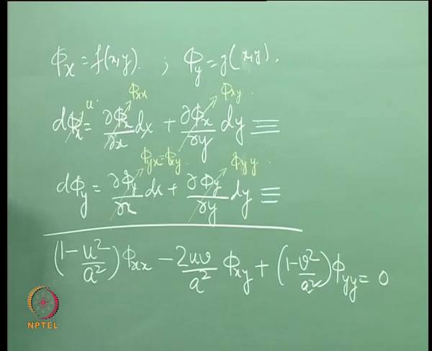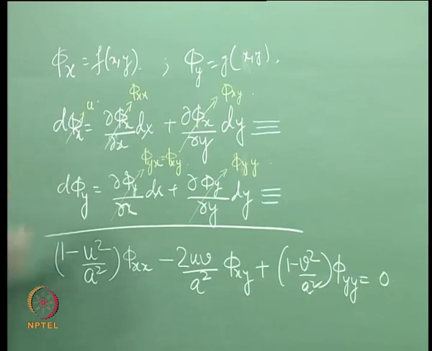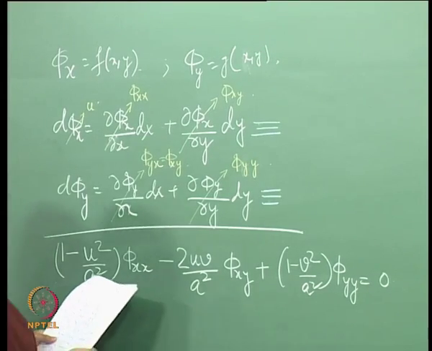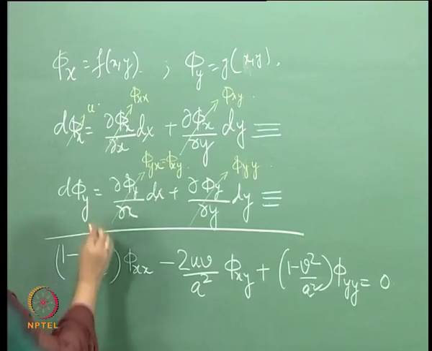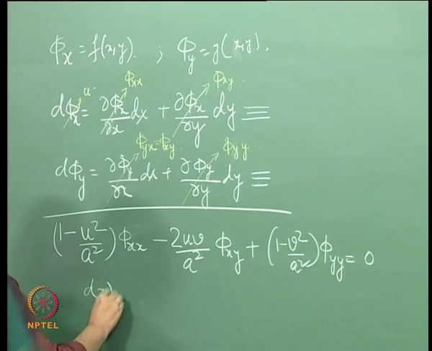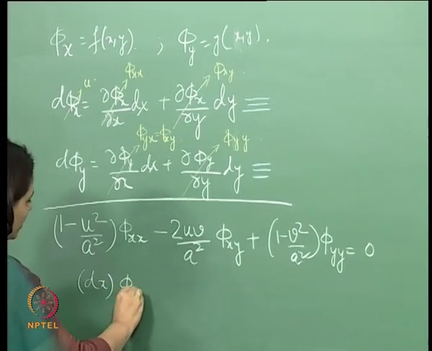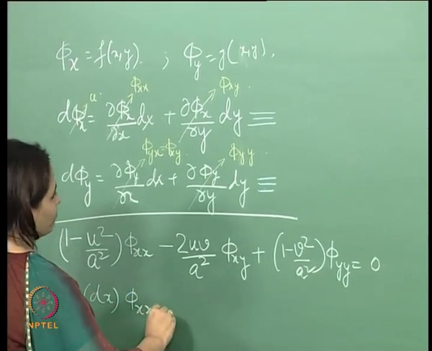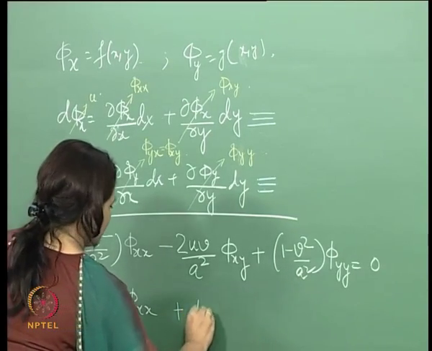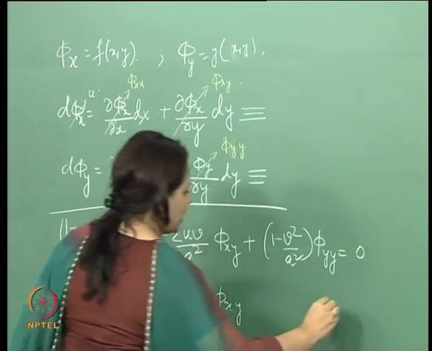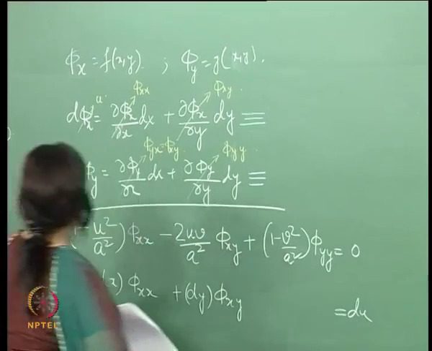We get this. Now let us look at this equation here. What we get here is dx into phi xx, plus dy phi xy, and this is equal to du.